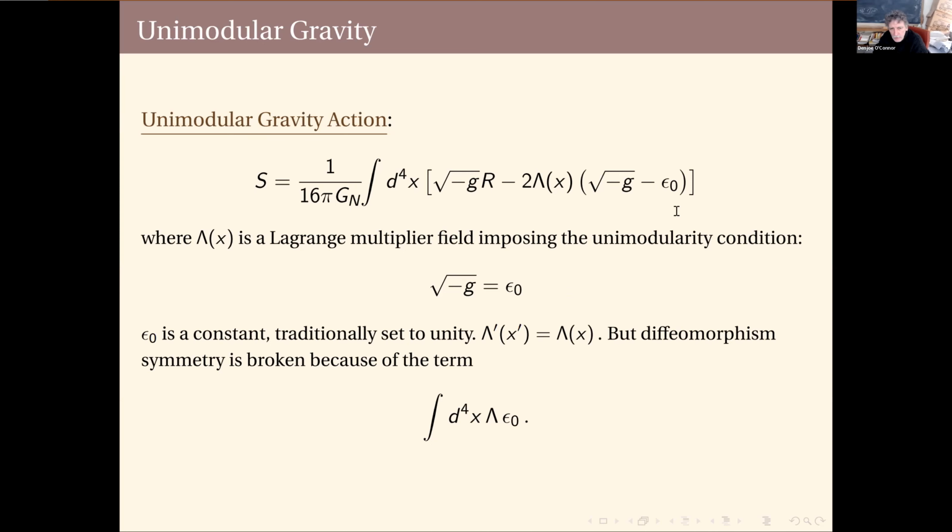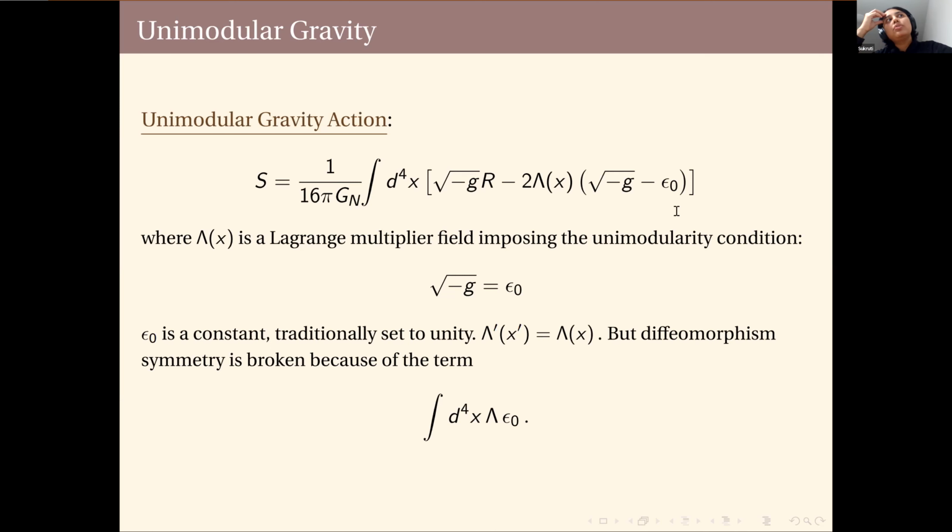And are transverse diffeos the same as volume preserving? Transverse diffeos are, if your diffeo parameter is say xi mu, then the divergence of xi mu is equal to 0. When you have the condition on the transformation parameter that its divergence is 0, then that's a transverse diffeomorphism. It is invariant under unimodular diffeos, no?